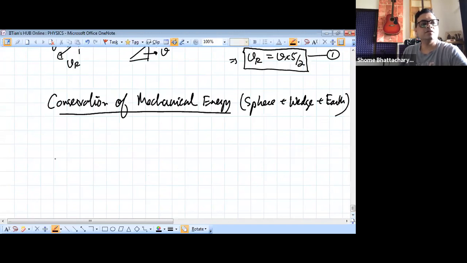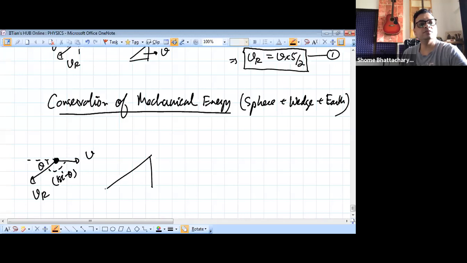So again, if you look at the sphere, its velocity is the vector sum of this V and V relative. The sphere actually has, in the ground frame, the sphere's center of mass actually has some velocity which is like this, and some angular velocity like this.